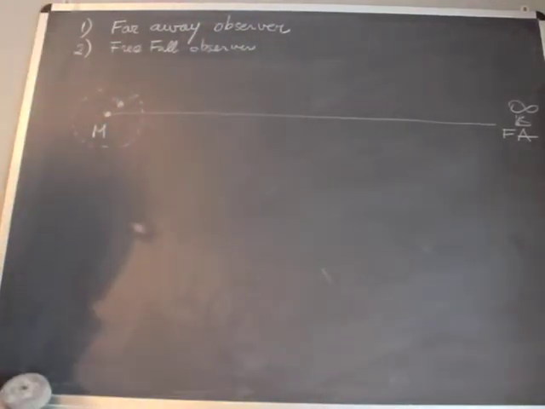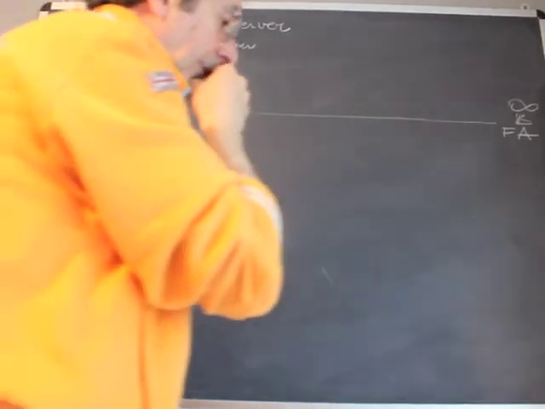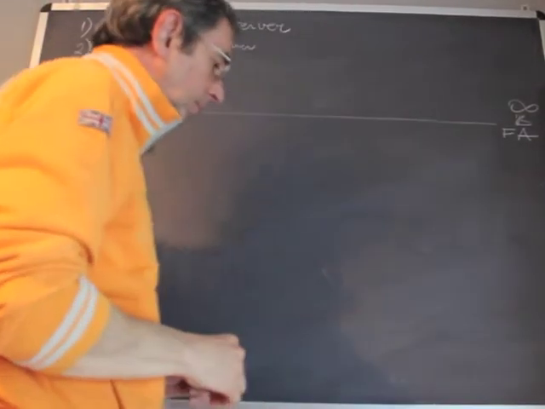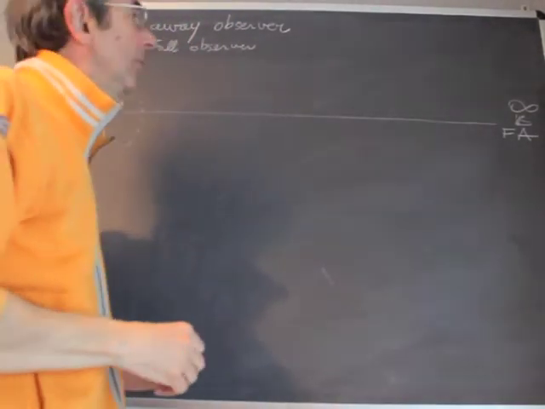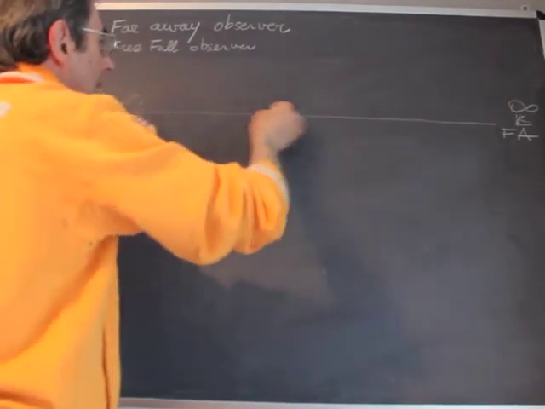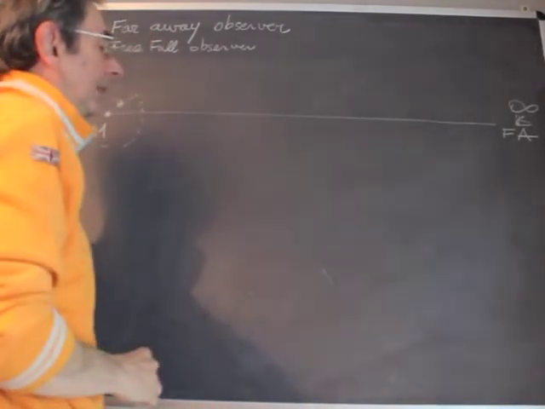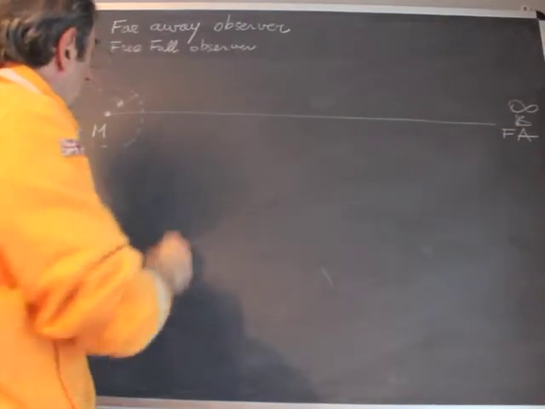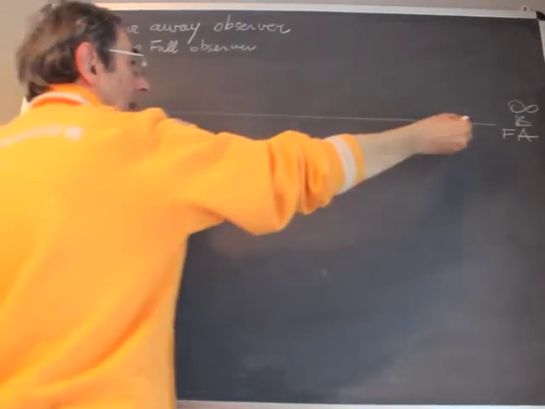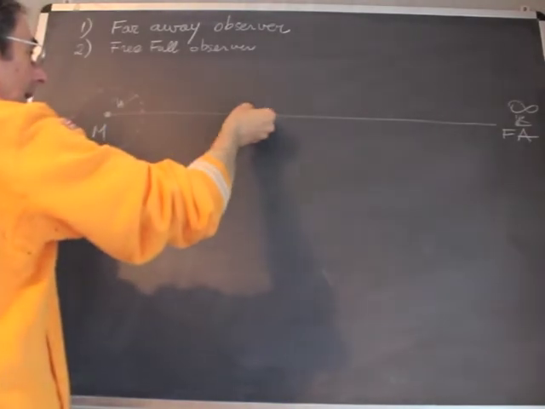Okay, in particular, we have considered, for simplicity, an observer falling down towards the center of the black hole, just along a radial direction.